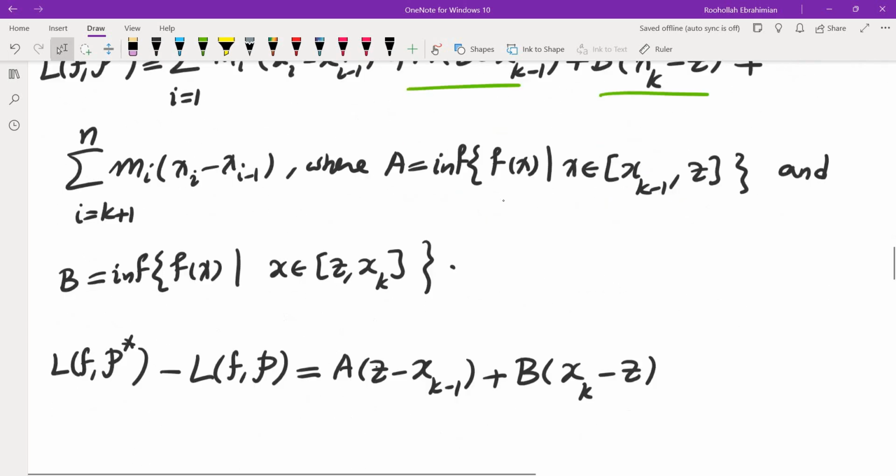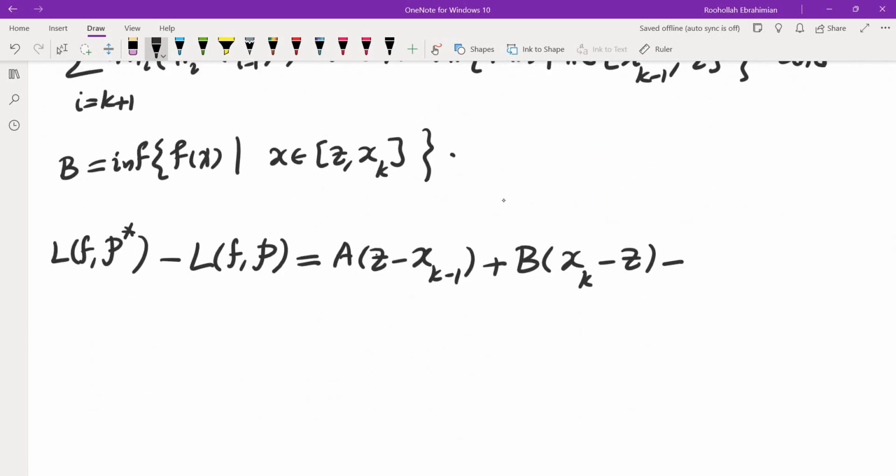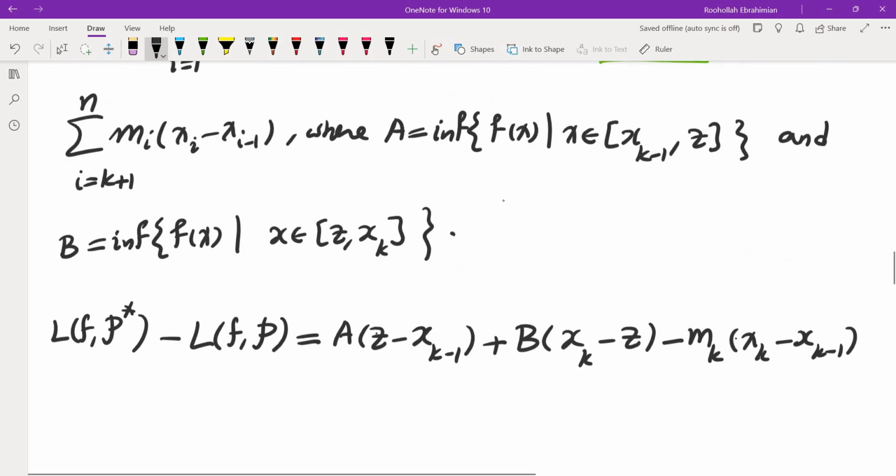So these are the two terms here, minus mk times xk minus xk minus 1. Now I need to show this quantity is in fact non-negative, and that proves the inequality that we want.